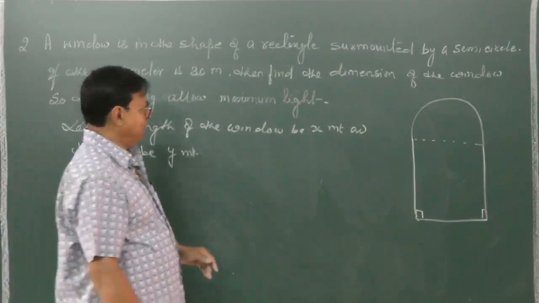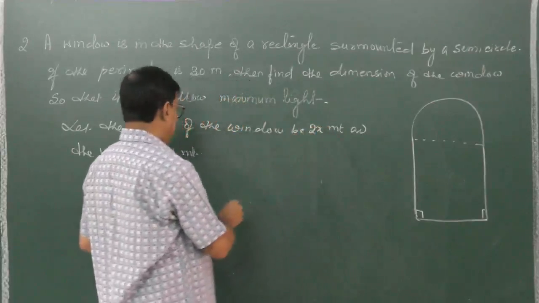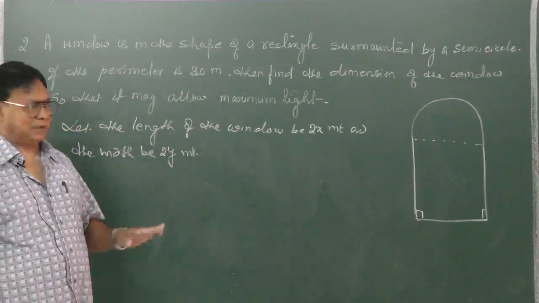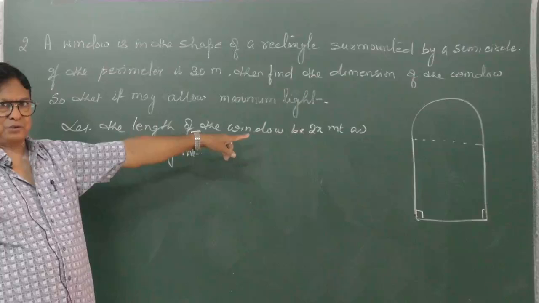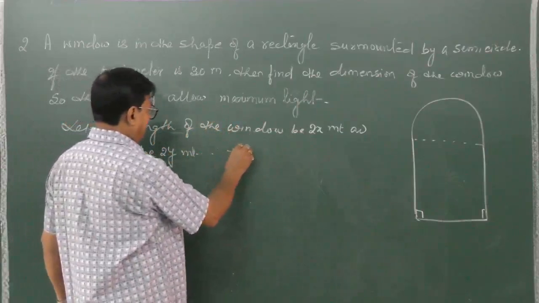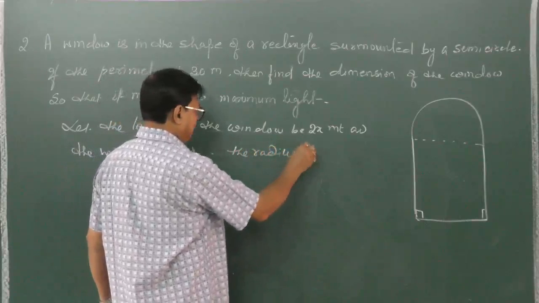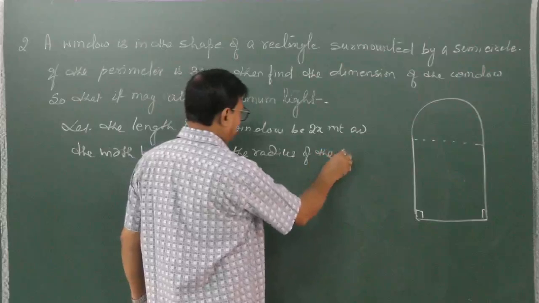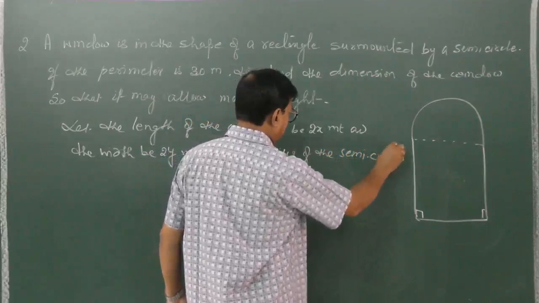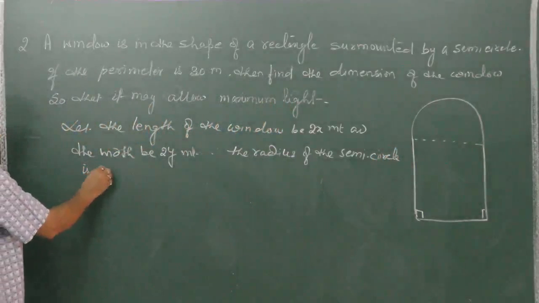So what I do is I make this 2x and this 2y. Is that okay? The length is 2x, the width is 2y. Therefore, the radius of the semicircle is y meter.